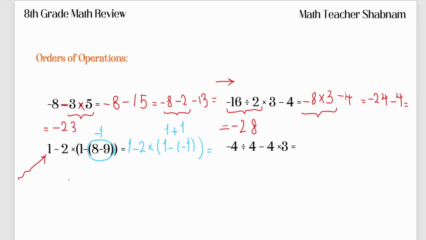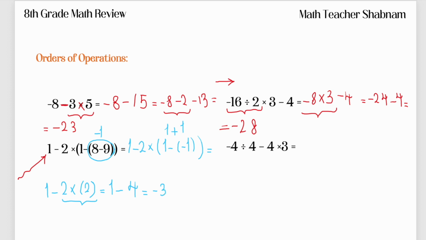Let's rewrite it once more. 1 minus 2 multiplied by 2. Should we do subtraction or multiplication first? Of course, it's multiplication first. So 1 minus 4, which gives us a negative 3.